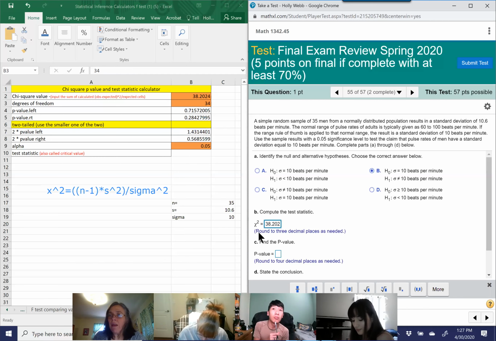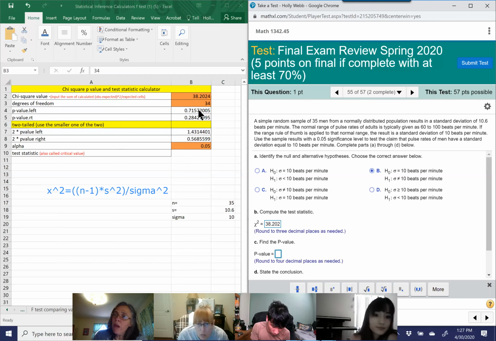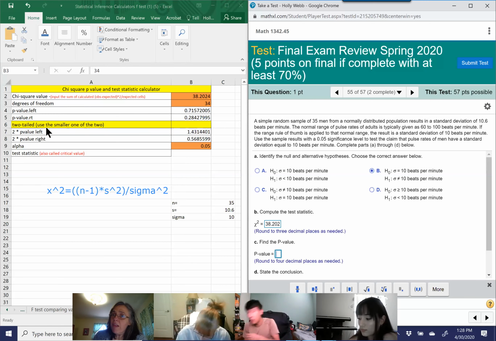And my p-value, now that this is a two-tailed test. If you have a left tail test, please read the p-value right here under your degrees of freedom. This is for a left tail test. Right under the degrees of freedom, see p-value left, and then p-value right under that. But if you've got a two-tailed test, then you need to pick the smaller of these two values.